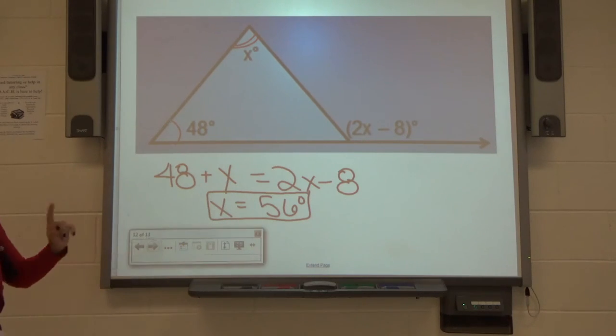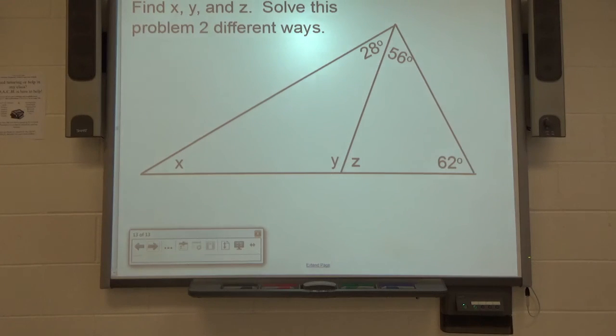And I'm going to give you one more picture where I can use the idea of the exterior angle theorem. I've tweaked the picture a little bit to make it a little bit more challenging.